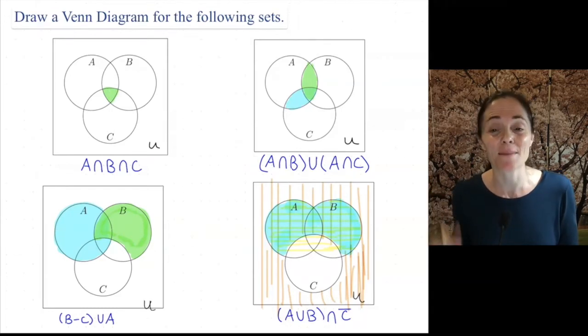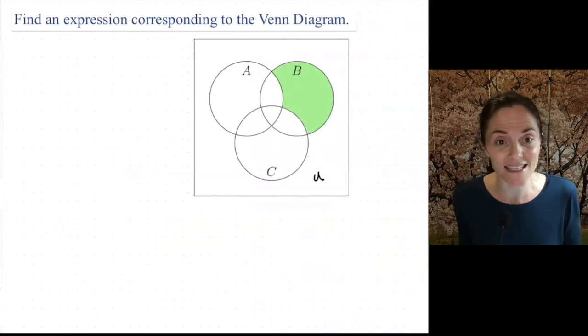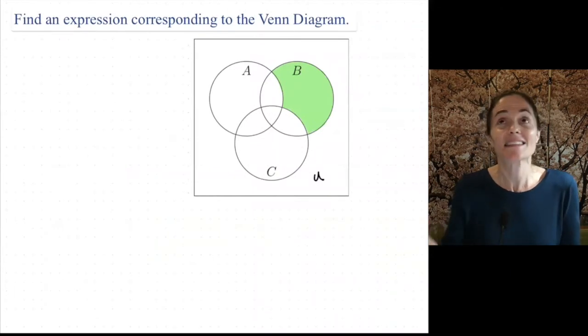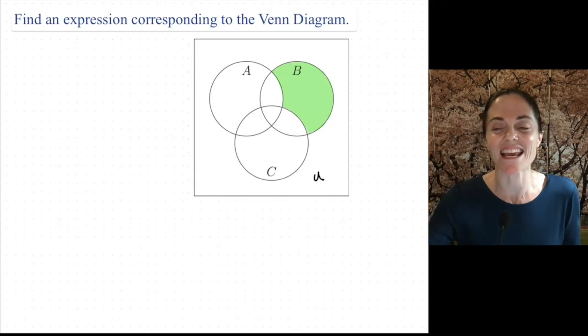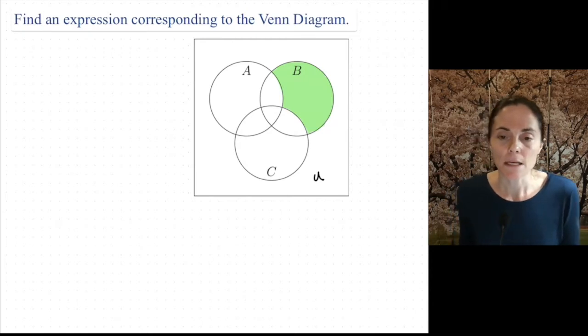Now I have one more question, and we want to find an expression for what's shaded. So now it's a different question, right? I'm starting with something shaded and asking you, what is this? You see, there are multiple options here.